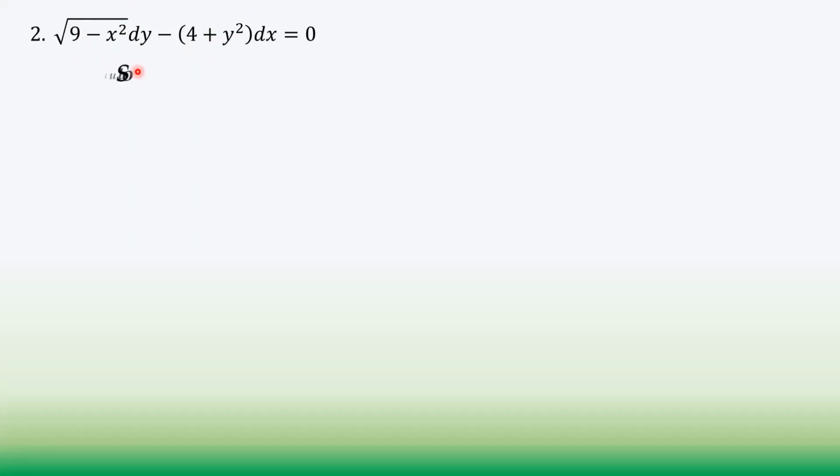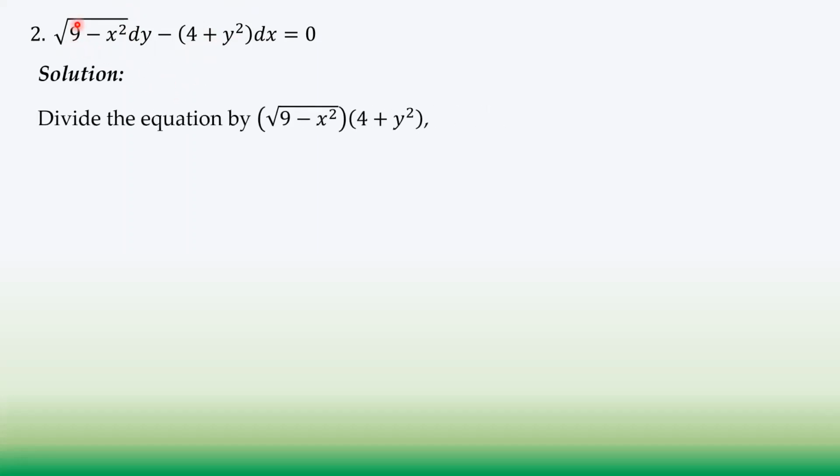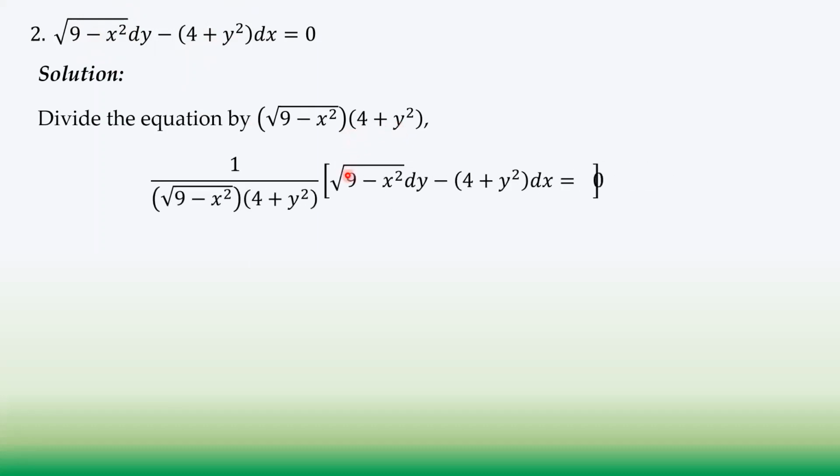So we're going to divide the equation by the square root of 9 minus x squared and 4 plus y squared. Then, we have square root of 9 minus x squared dy minus the quantity 4 plus y squared dx equals 0 times 1 over the product of square root of 9 minus x squared and 4 plus y squared.